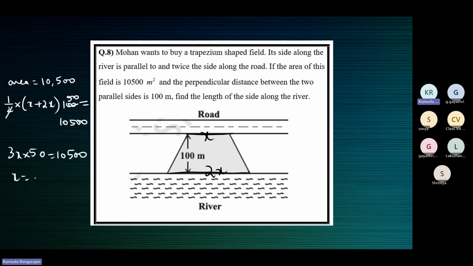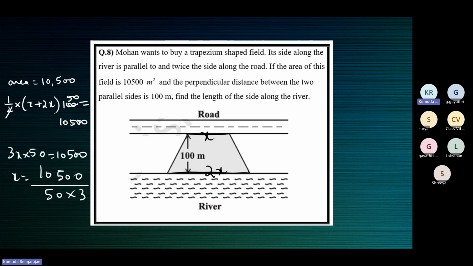So x is equal to, Shivam, x is equal to? 10,500 divided by 50 into 3. Simplify this, you'll get the value of x.